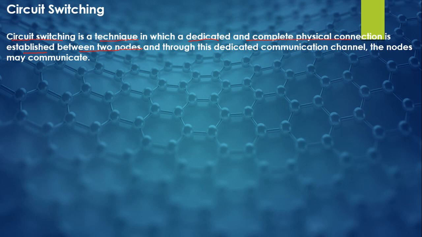Over there you can see that a dedicated and complete physical connection is established between node A and node B. Nodes, as we already discussed, in a network a node is called a system. Okay, so first the dedicated path is established between the source node and the destination node, and then through this dedicated communication channel the nodes may communicate, and with the help of this dedicated channel both the systems can communicate with each other.